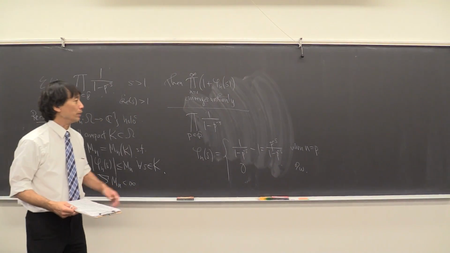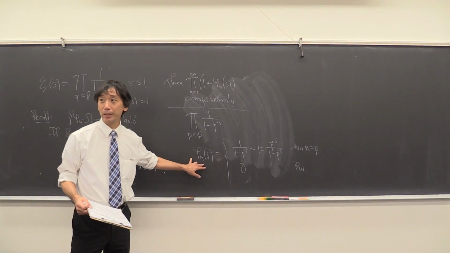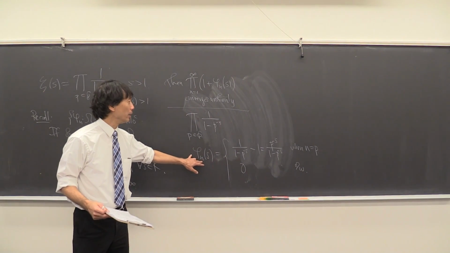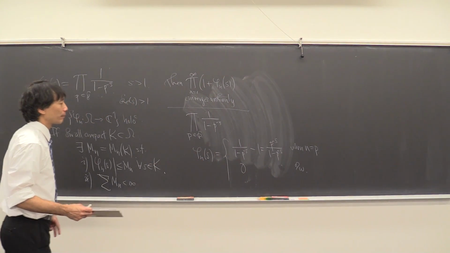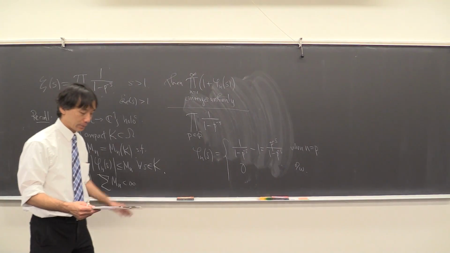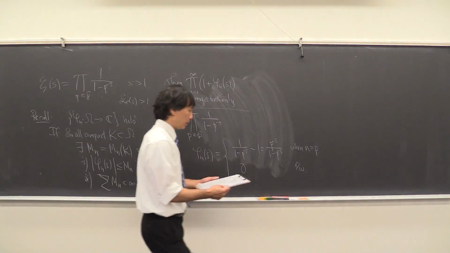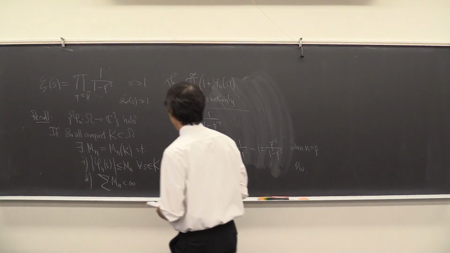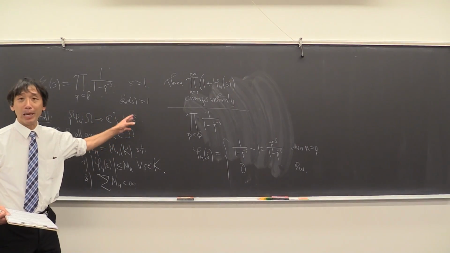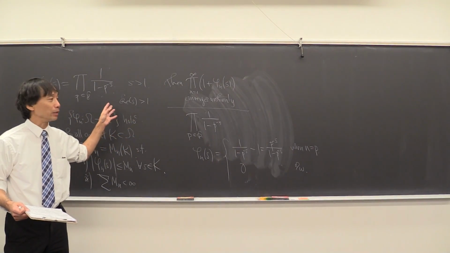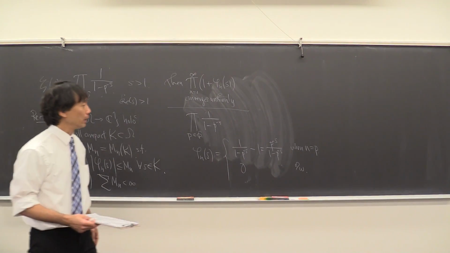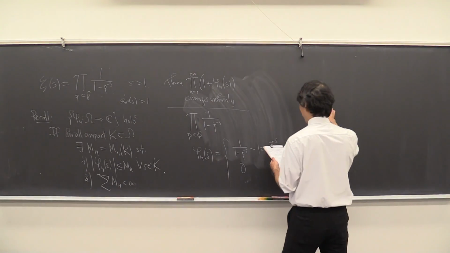Okay, so right, these are the things that we want to look at. So we just need to find the bounds and show that the bounds are summable. Okay, so that's actually pretty straightforward.